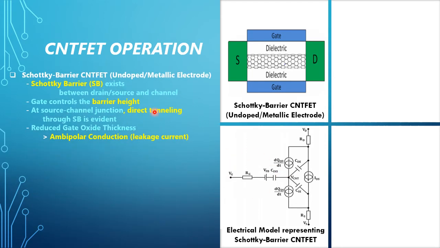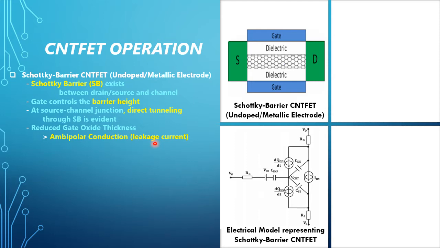The properties of it are like this. The Schottky barrier exists between drain or source and channel. This Schottky barrier can be controlled by the gate bias voltage. At the source-channel junction, direct tunneling through SB is evident.